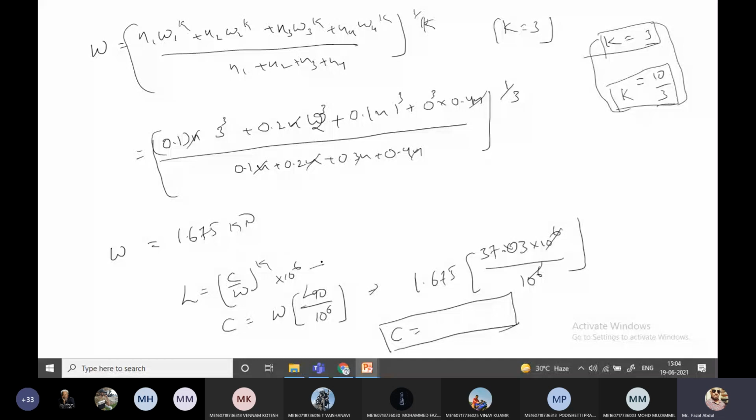The number of revolutions equation. In this equation, this one is the unknown parameter, so to get this value we selected this equation. L90 is here, and the W we just calculated. So the only unknown is C, which is what the question asks. Substituting here and using the calculator, get the value of C, the basic dynamic load rating for the ball bearing.